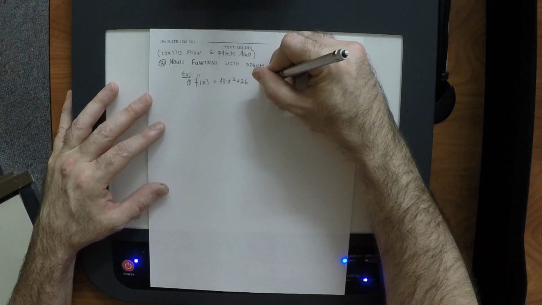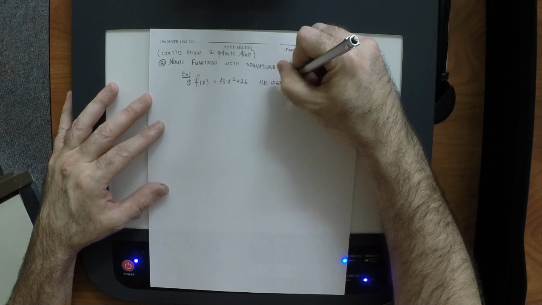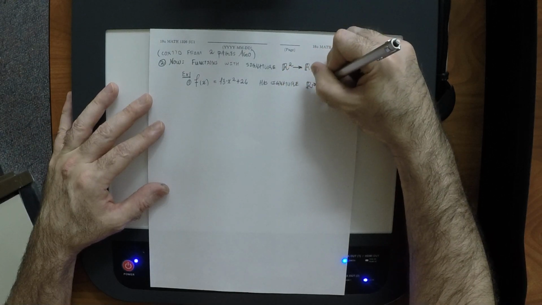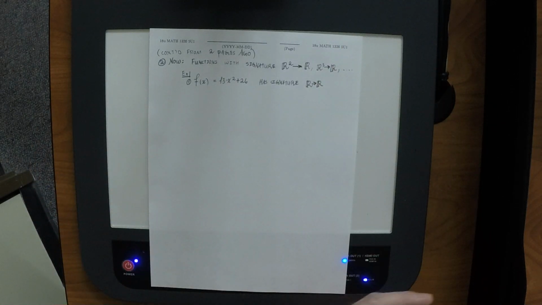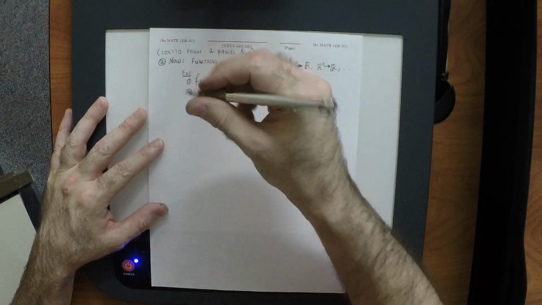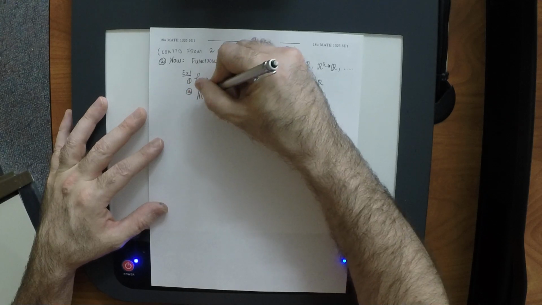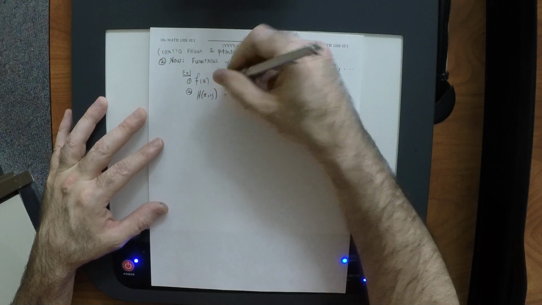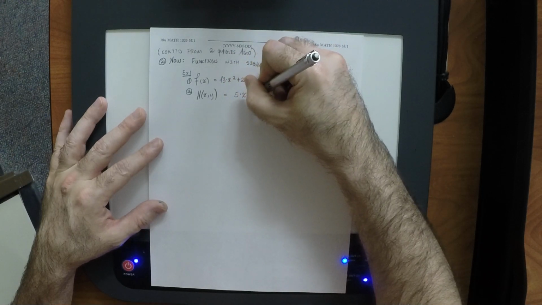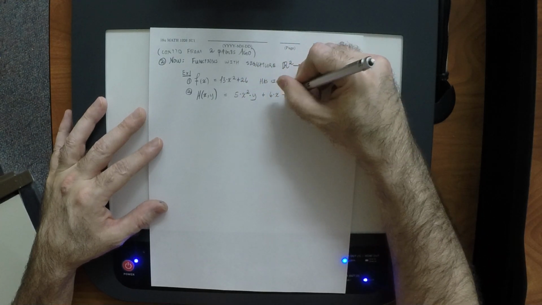This one has signature reals to reals, because you give it a single real input and it produces a single real output. But this other function, say h of x and y, we could use to make, say, 5x squared y plus 6x minus 8y.